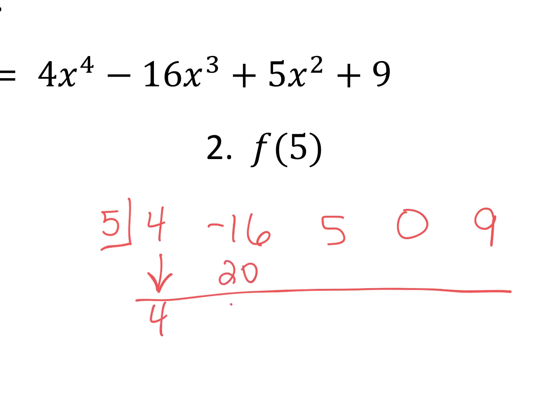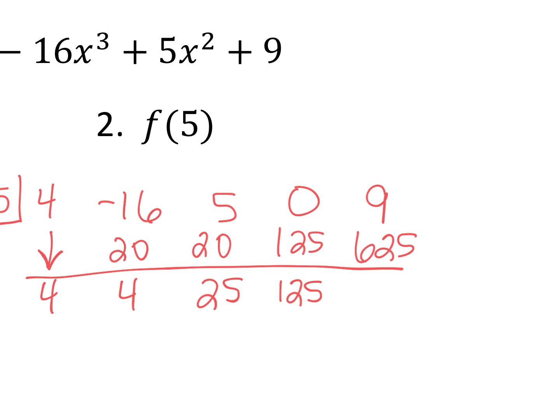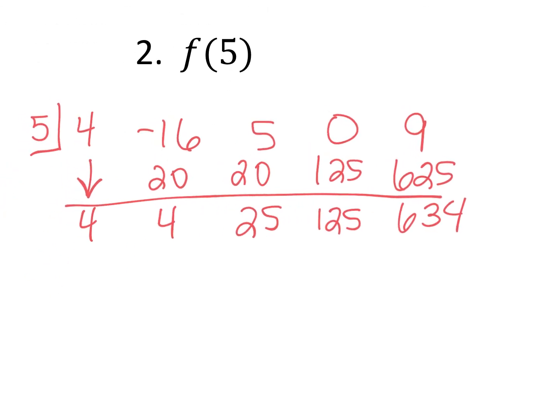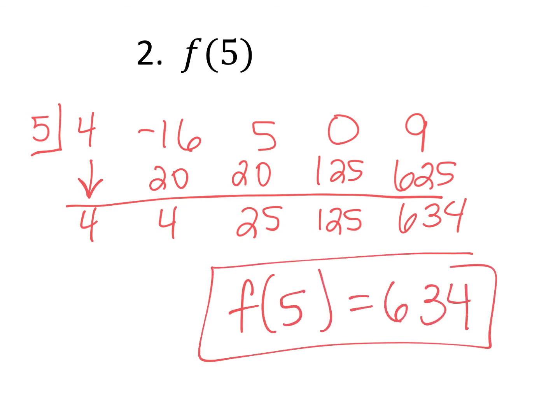Negative 16 and 20 is 4. 4 times 5 is 20. 5 and 20 is 25. 25 times 5 is 125. 0 and 125 is 125. 125 times 5 is 625. And 625 and 9 is 634. So f of 5 equals 634. That would be your final answer.